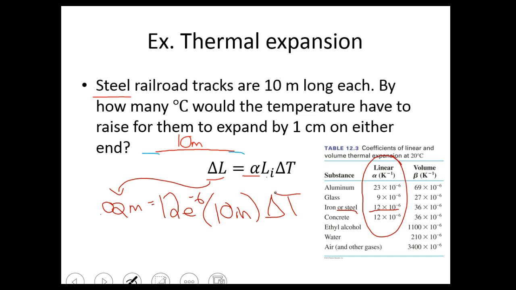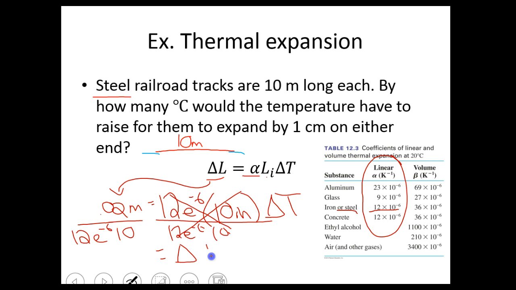So I will divide both sides by these two. They cancel on this side. And I'm left with a change in temperature of 166 degrees Celsius or 166 Kelvin. Both work, right? Because they're equitable scales.